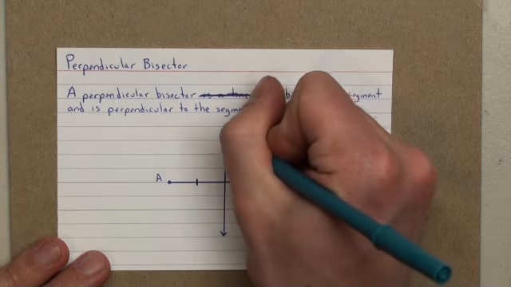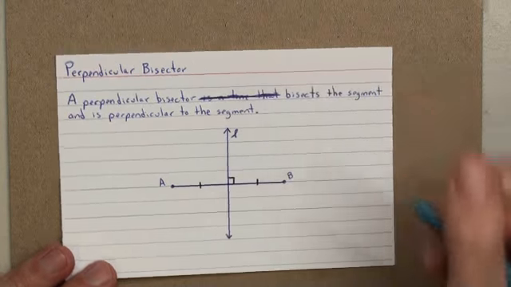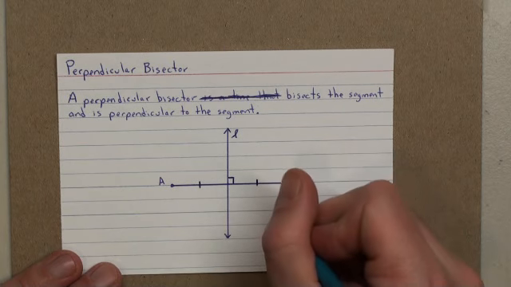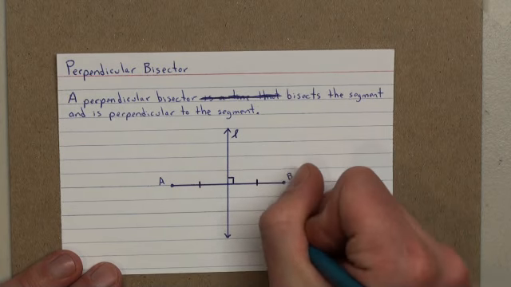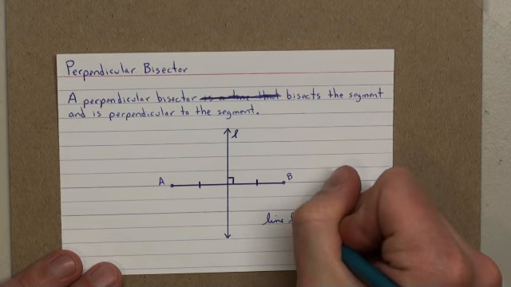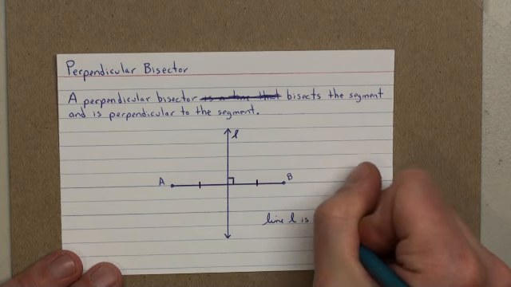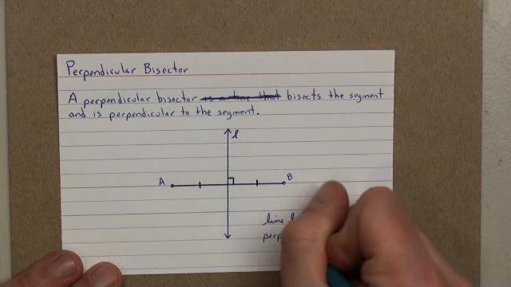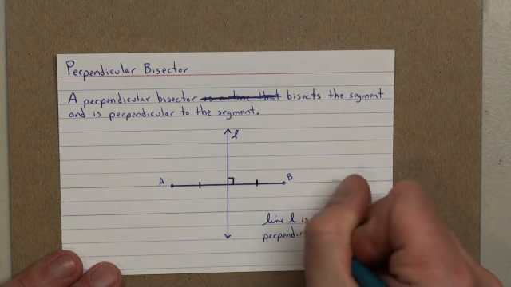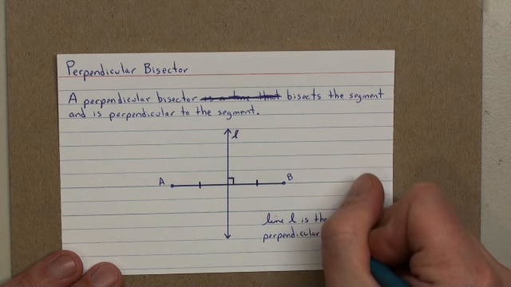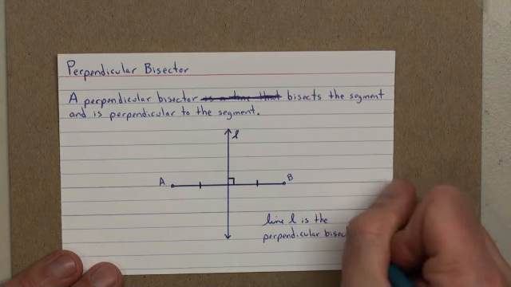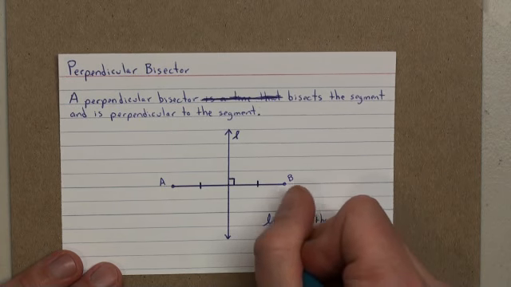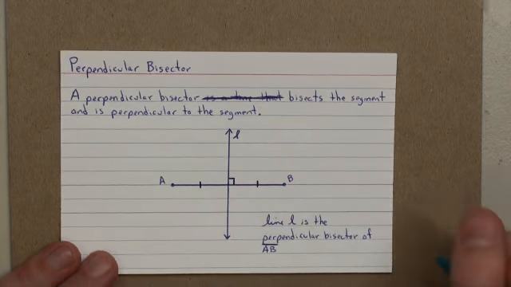So let's say this is line L. So line L is the perpendicular bisector of segment AB.